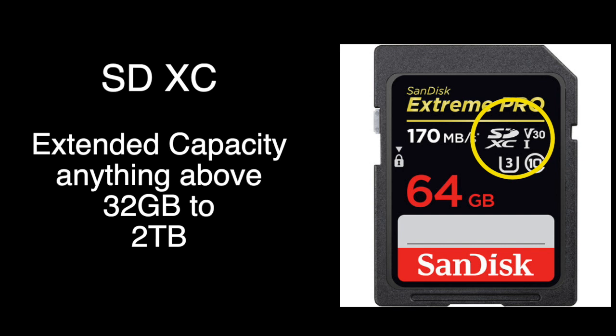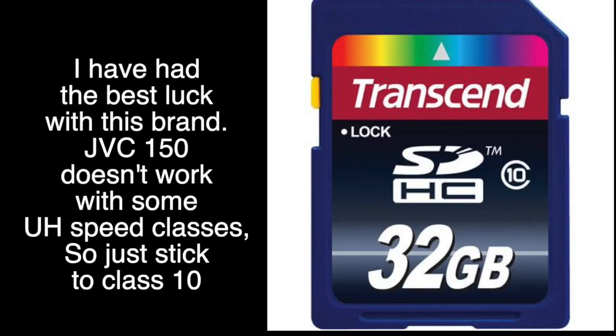And that XC stands for extended capacity. You have to be careful though, because some devices do not support the SD-XC. So in general, I recommend students getting between a 16 and 32 gig card. I do not recommend a 1 terabyte card because, again, SD cards really aren't storage systems. They're basically a way to get media from the camera onto your hard drive or onto a computer.